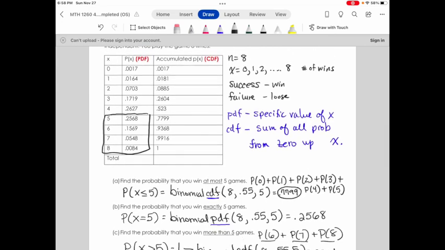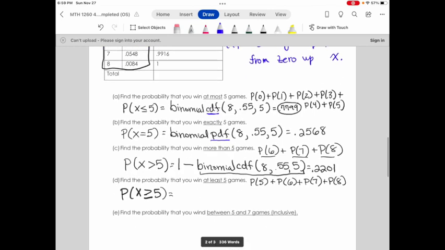Or, since I know the total has to add to 1, I could take 1 and subtract the CDF, which would be this, up to 4. Because I don't want 0 through 4, I want 5 through 8. So I would find the CDF up to 4 and subtract that from 1. And what would be left over is the 5 through 8.